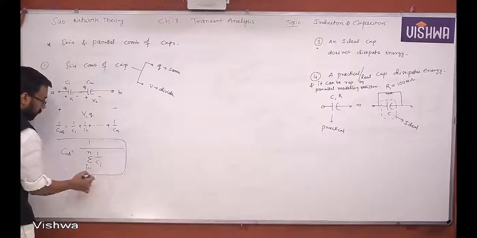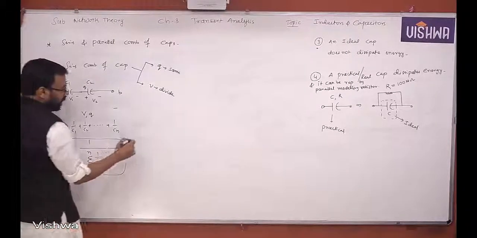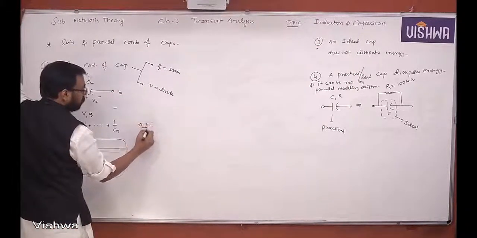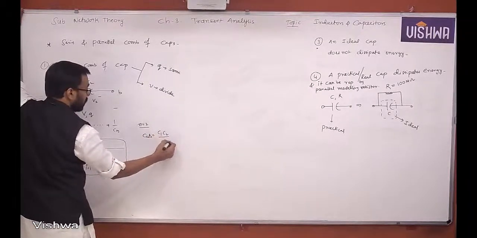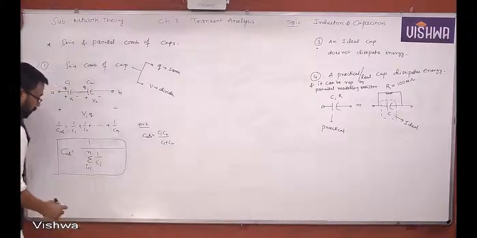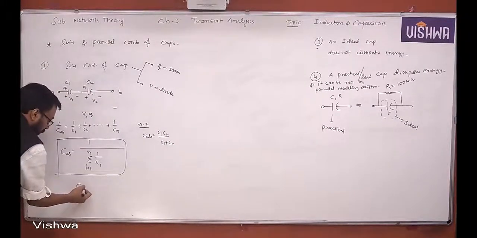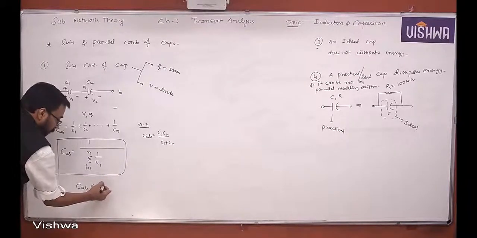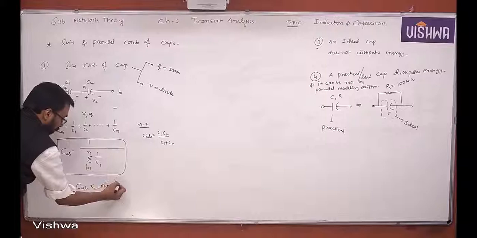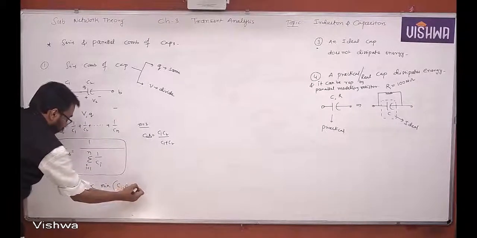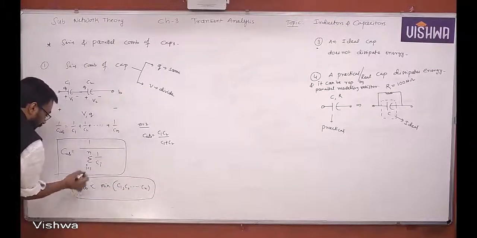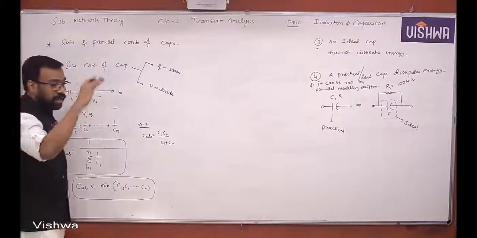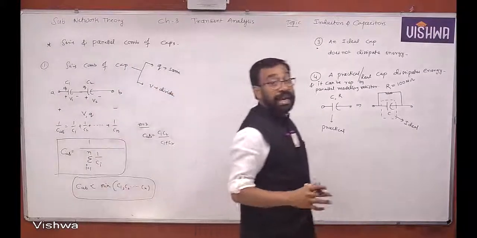When n is equal to 2, CAB becomes C1 C2 by C1 plus C2. Remember, the equivalent capacitance is always less than the lowest value among C1, C2 and so on up to Cn. It means that when you connect capacitors in series, the effective capacitance will decrease, unlike resistors.